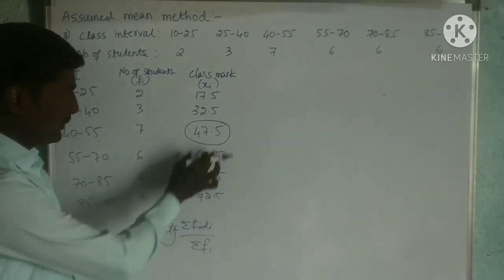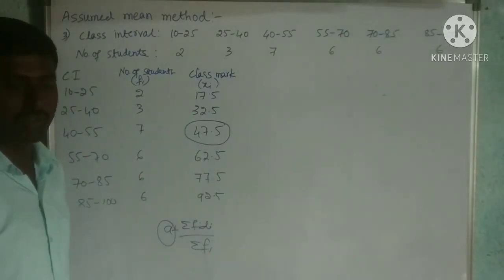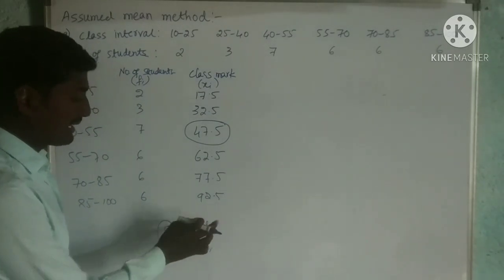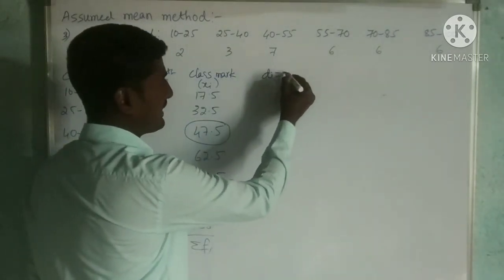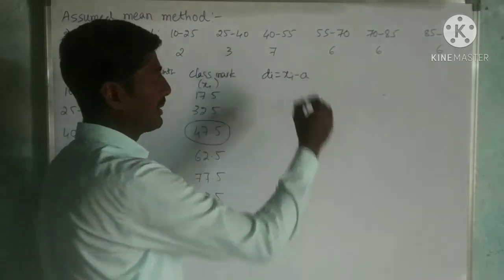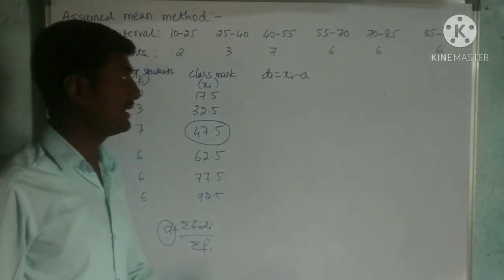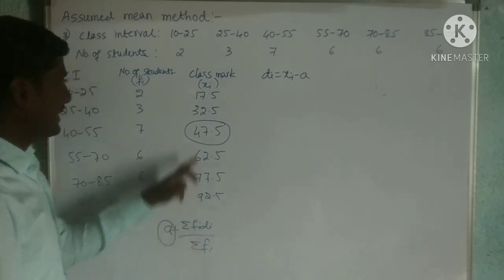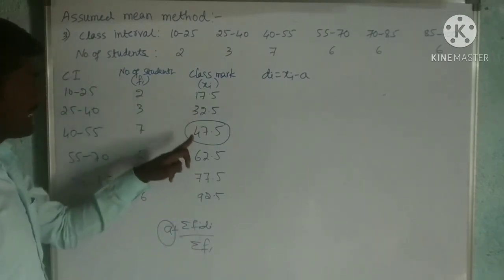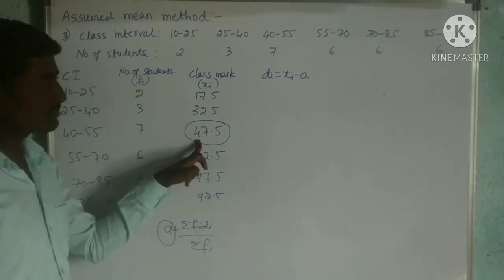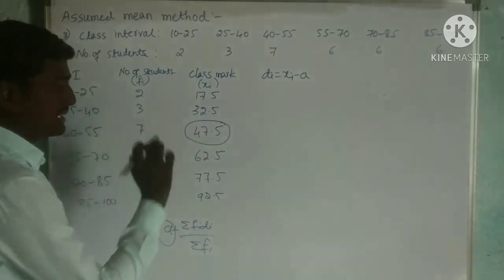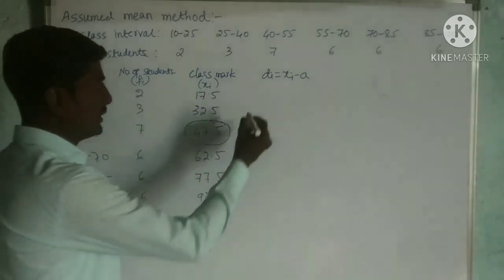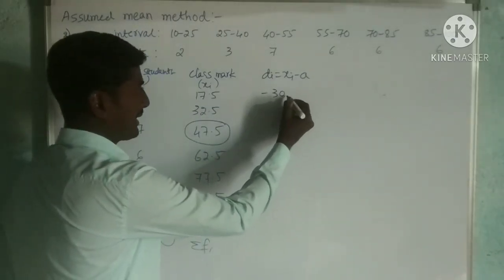Now a we have taken as 47.5. Then another term I want is di. We already know di is xi minus a. Xi is here, minus a, which is 47.5. So 17.5 minus 47.5 is minus 30.